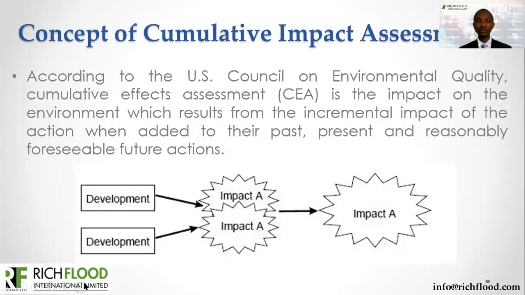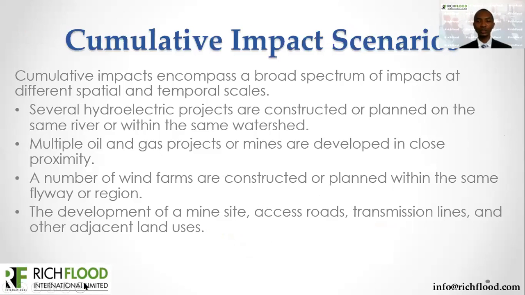So in terms of looking at cumulative impacts, how do we classify a project, or how do we look at cumulative impact in terms of the nature of the project? Cumulative impacts encompass a broad spectrum of impacts at different spatial and temporal scales.